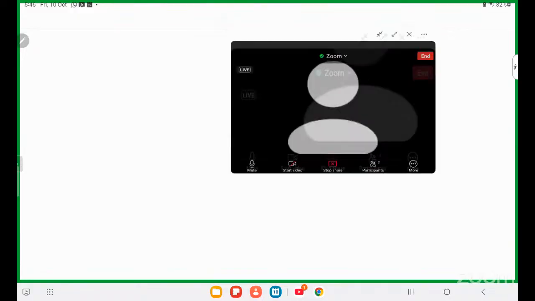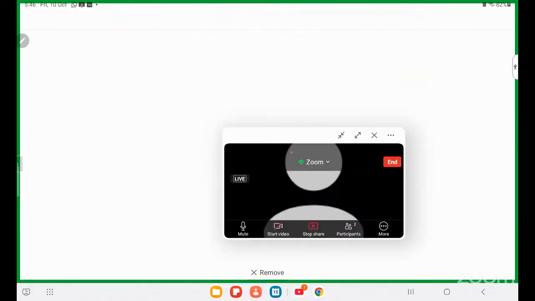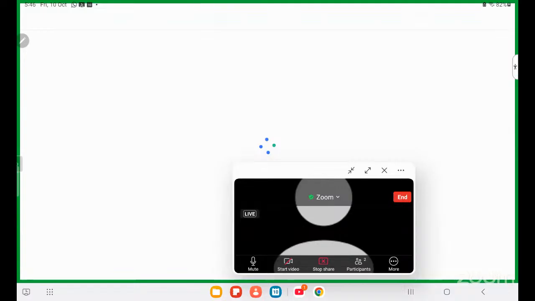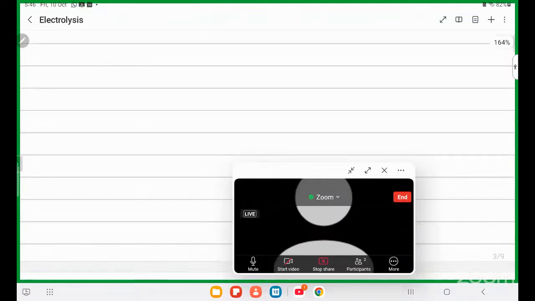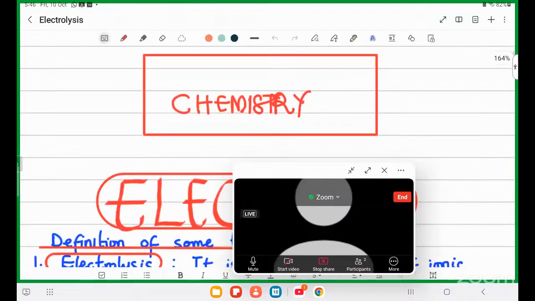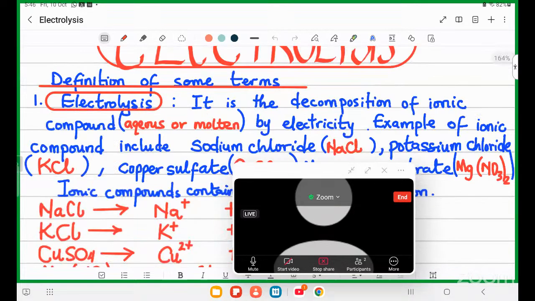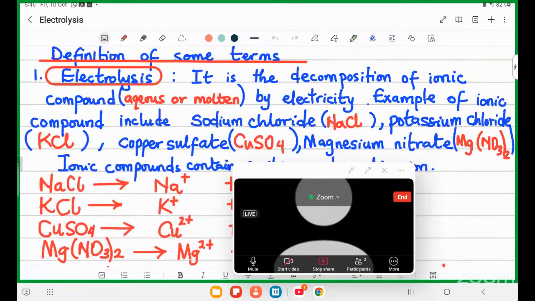So we explained that the electrolytes are aqueous or molten compounds that will decompose during electrolysis.